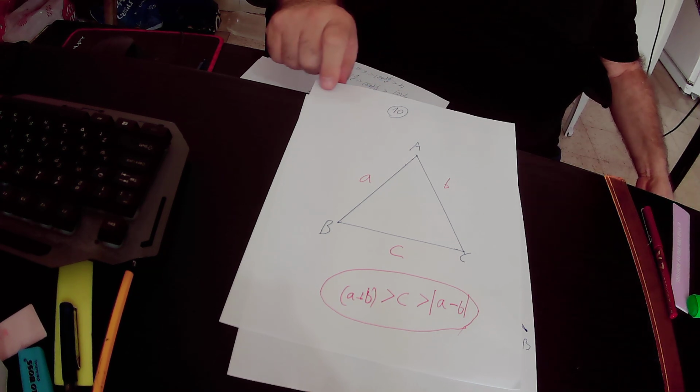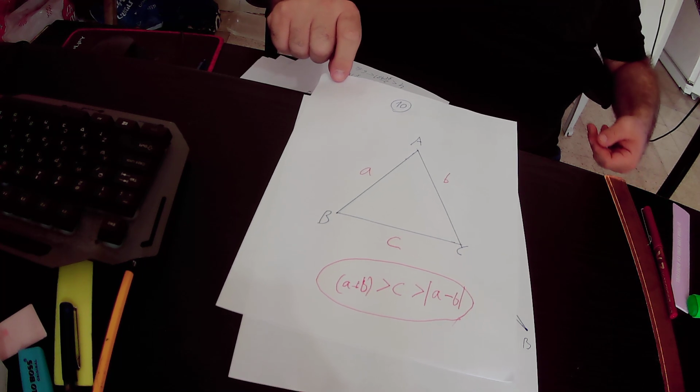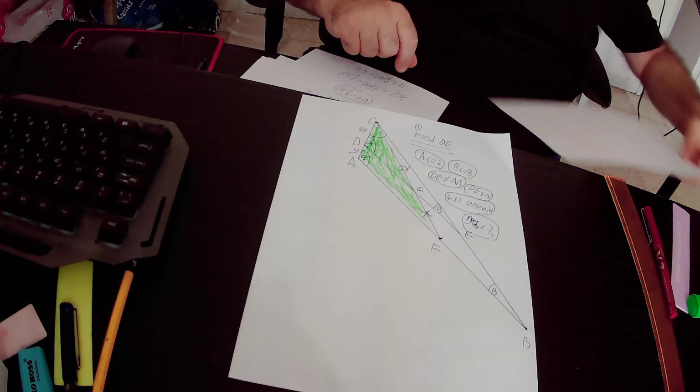And again, we can apply rule number 4 in our triangle, triangle ABC.